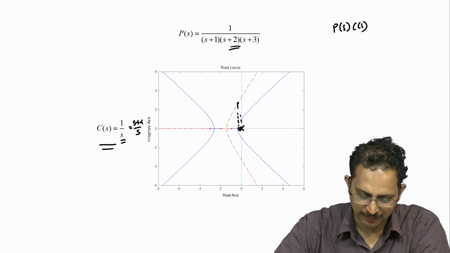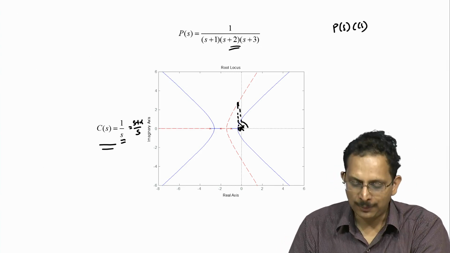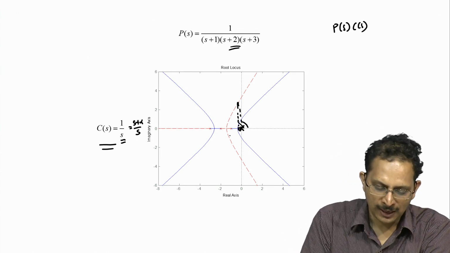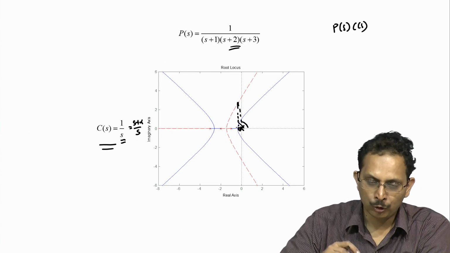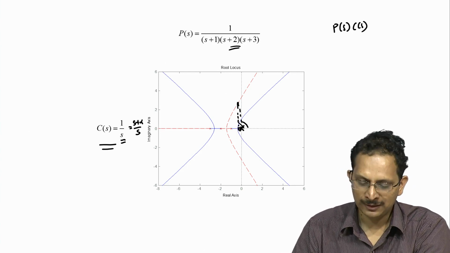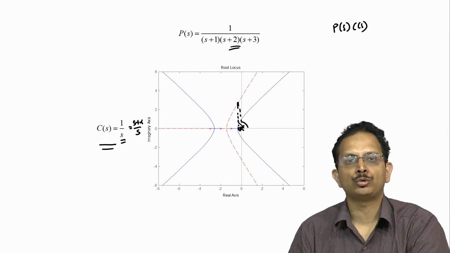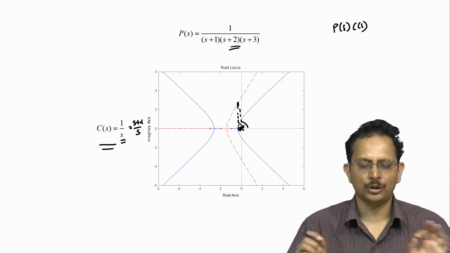subtended by the integrator are very close to one another, and because the angle subtended by the zero is going to be the negative of the angle subtended by the pole, namely the integrator, the algebraic sum of these two angles will essentially go to 0 or will be very close to 0.